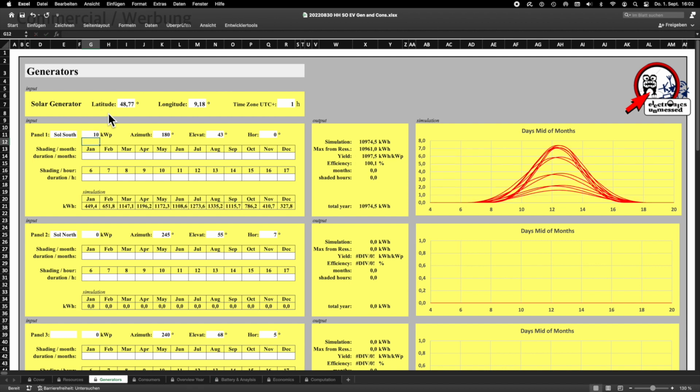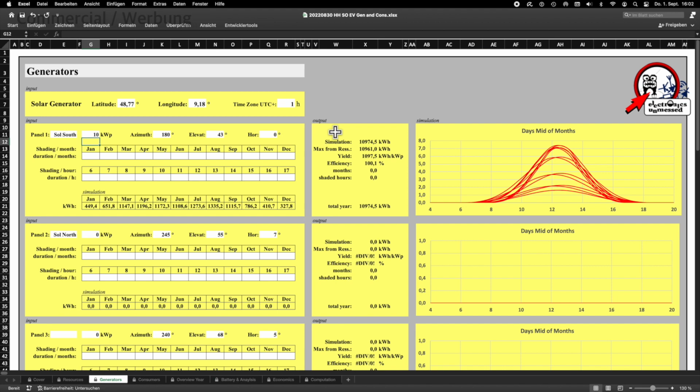For the panel orientation, we use the optimum angles for the moment. This is to demonstrate the logic of the output in the box in the middle section here. When using the optimum angles, the energy from the simulation should be the same as the maximum derived from the resources data.